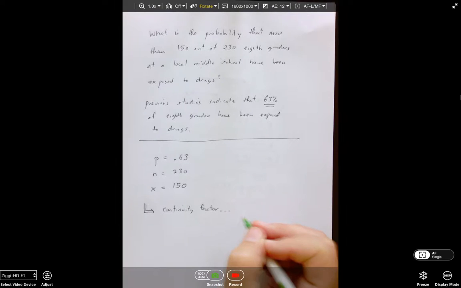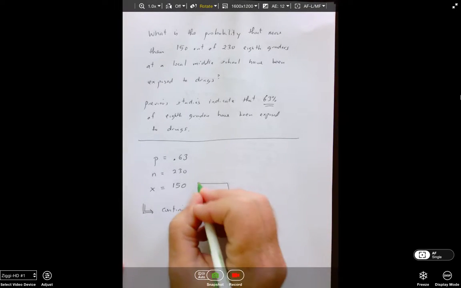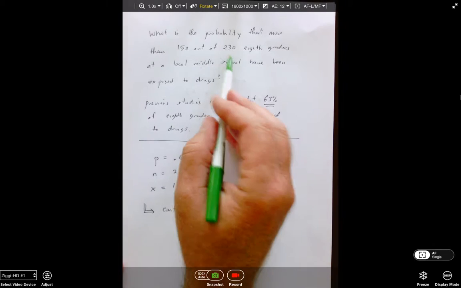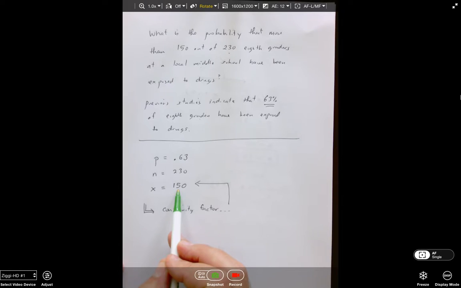And we call that the continuity correction. And the continuity correction, boys and girls, focuses on the X. It focuses on the smaller number of the total that were sampled. We subtract 0.5. We add 0.5.